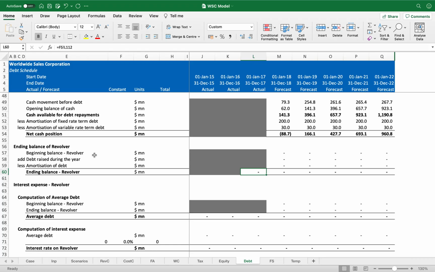So now you'll see my average rate term debt, variable rate term debt will be replaced by revolver. So press Ctrl H, find and replace. Do this.